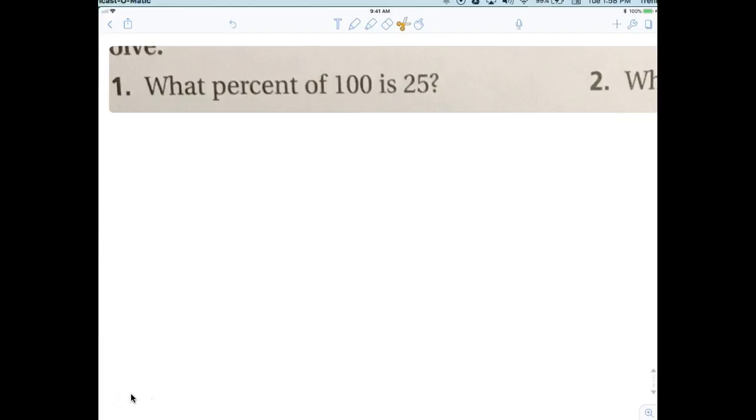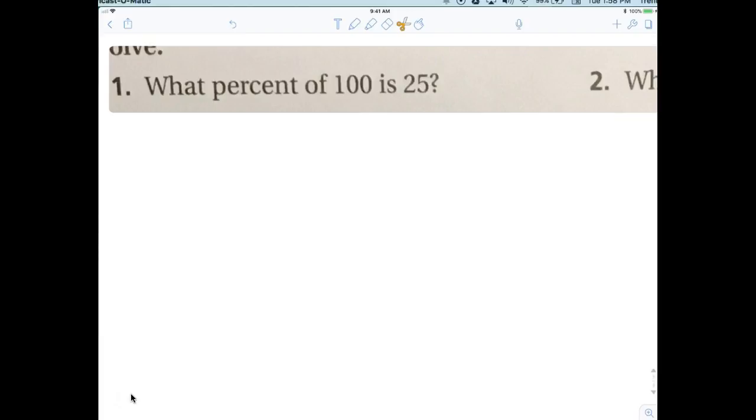Now, I'm going to teach you an easy way to remember what's the part and what's the whole. Once you figure this out, this is very easy. In the future, you won't do it this way as much, because I want you to think about the numbers better than this. But this is a sure way to always get it right.